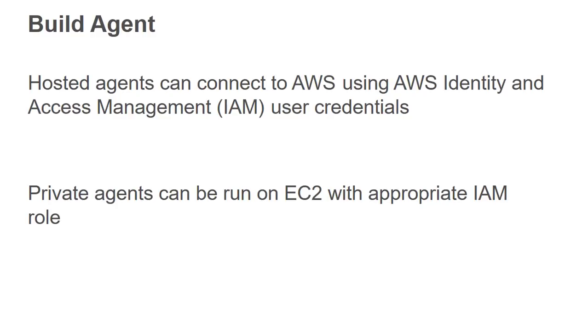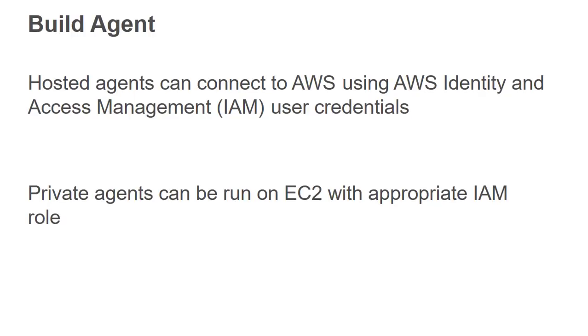So if you use hosted agents with VSTS, you provide access to Amazon assets through identity and access management user credentials. I already showed you how to create an IAM user, get the access key and secret access keys, and then add them in the build task.